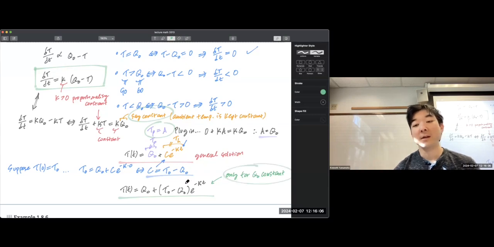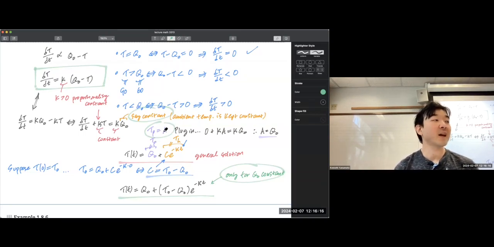Of course, if this Q naught was sinusoidal or polynomial or something, then this T of P wouldn't be just A, it'd be like A times cosine of t plus B times sine of t, or it could be polynomial, which is going to have like A naught plus A1 t plus and so on.